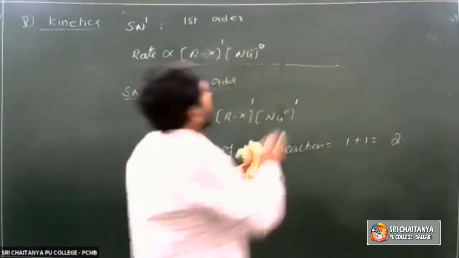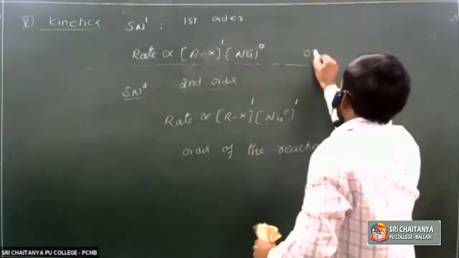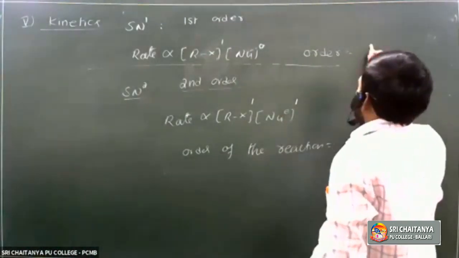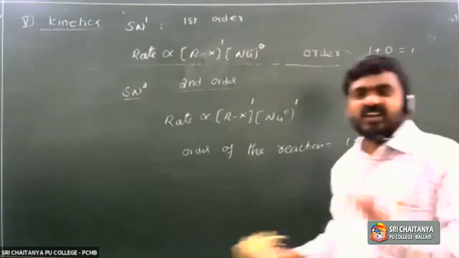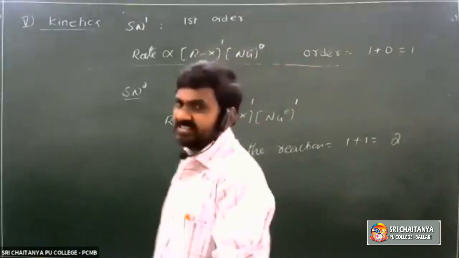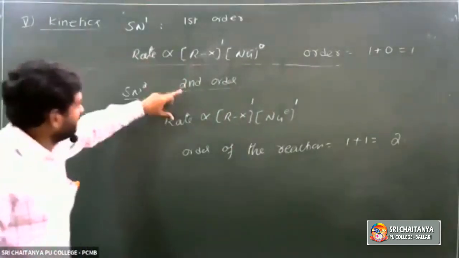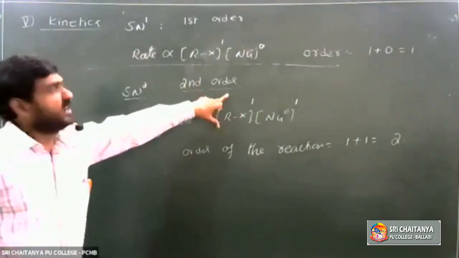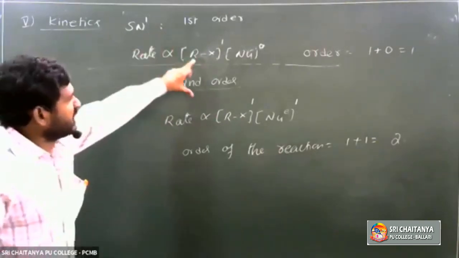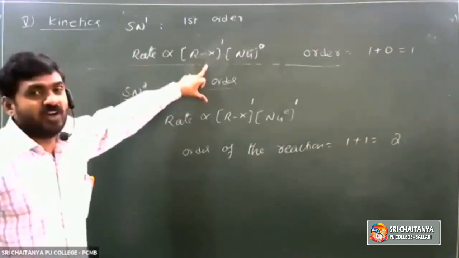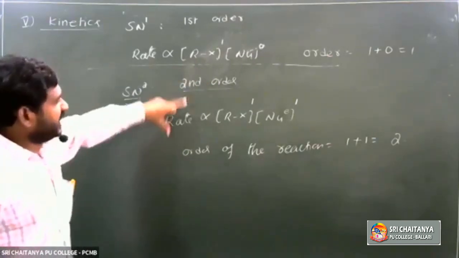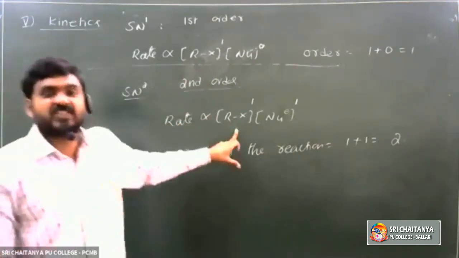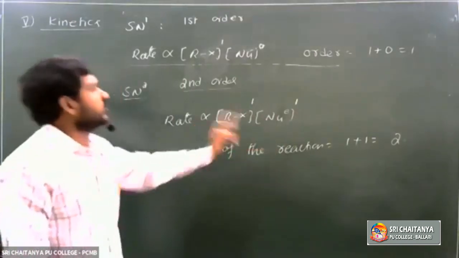So the overall order is 1 plus 0, equal to 1. So the SN1 reaction follows first order kinetics and the SN2 reaction follows second order kinetics. First order kinetics means the rate depends on only one concentration term, that is alkyl halide. Second order kinetics means it depends on two concentration terms, alkyl halide and nucleophile.